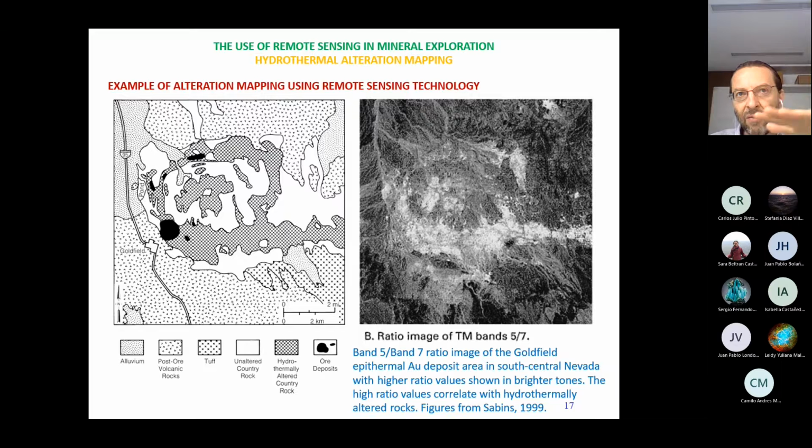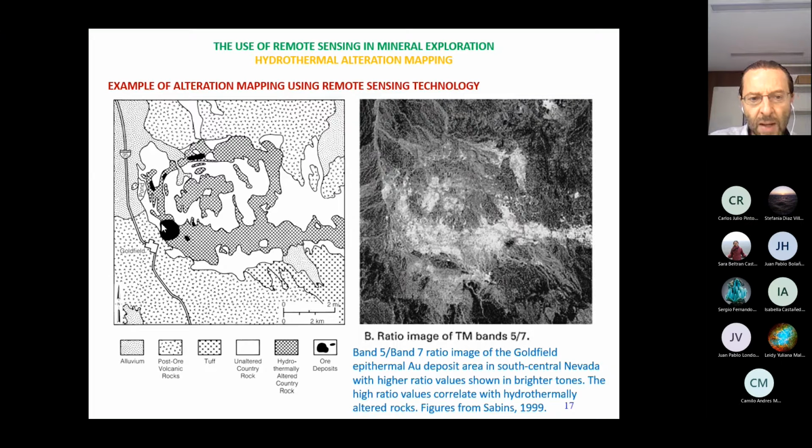So if the erosion level is not showing us a porphyry deposit, it might be there, but it doesn't help us. Okay, so in this case, these are typical gold deposits, and they have what we call argillic alteration. That means clay minerals.